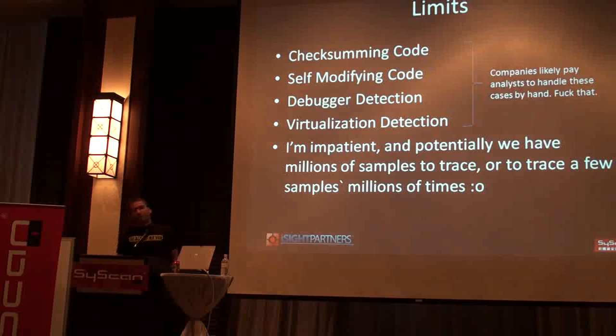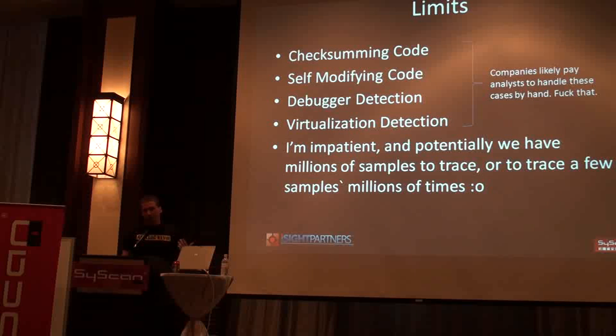So I'm going to explain to you guys how to do an awesome run trace without modifying your binary at all. So the limits of current tracing techniques for advanced malware analysis and for code that's checking to see if it's being monitored. There's code that checksums itself while executing, and if the checksum fails, it'll exit. Skype does this. Self-modifying code, you'll see a lot of malware these days that uses the stack to do some calculations, and it will modify itself based on those values.